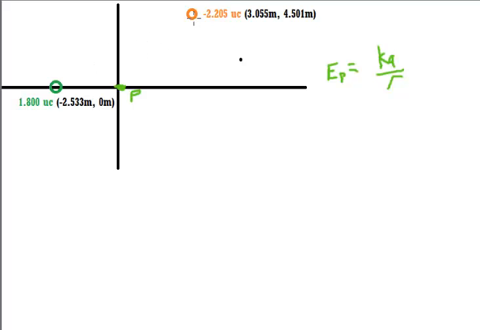You can make it a triangle, which I'm going to draw in a different color so you're not confused. This side is 3.055 and this one is 4.501. This is a right triangle, so Pythagorean theorem.